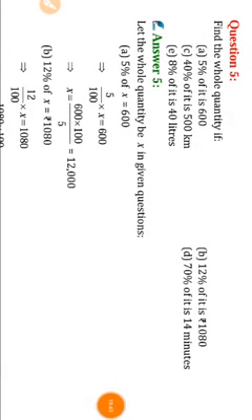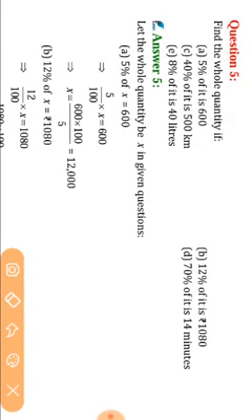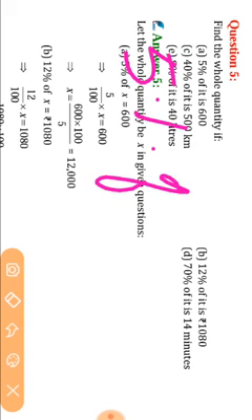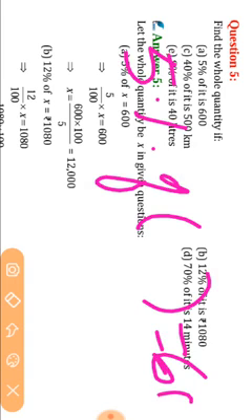Then the 5th question: find the whole quantity. Here some amount is given as 5% of it, and that amount is 600.